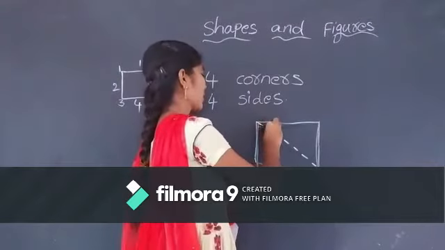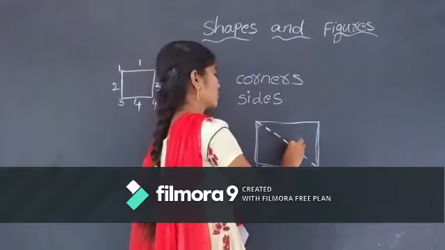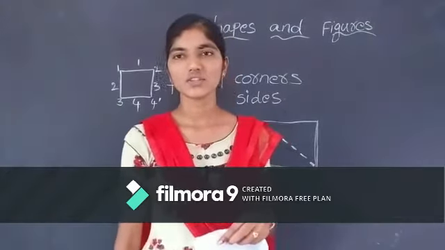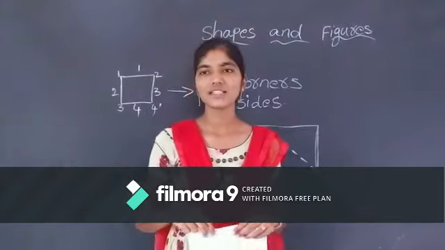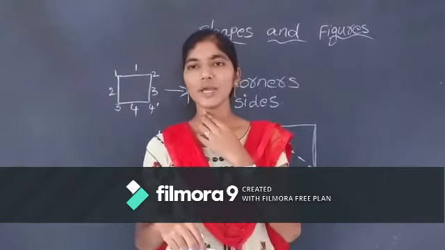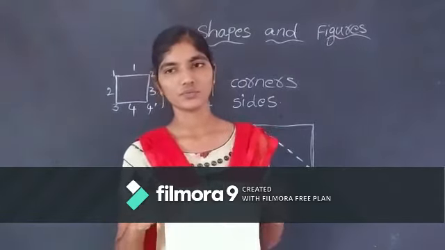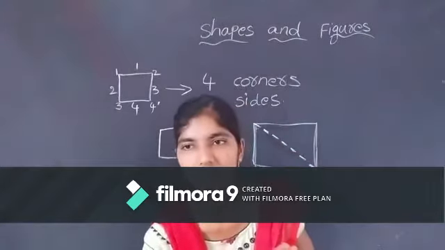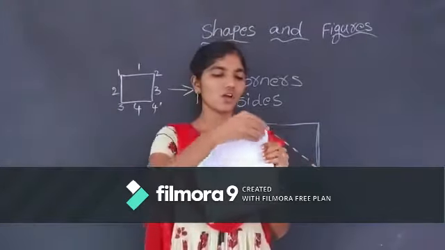How many diagonals does a square have? Two diagonals. Square has two diagonals. Okay students, to compare the sides of the square, fold the paper as shown. All sides of the square are equal.